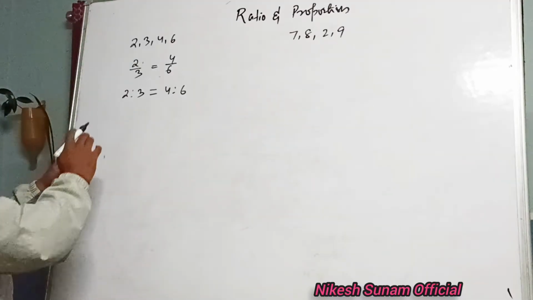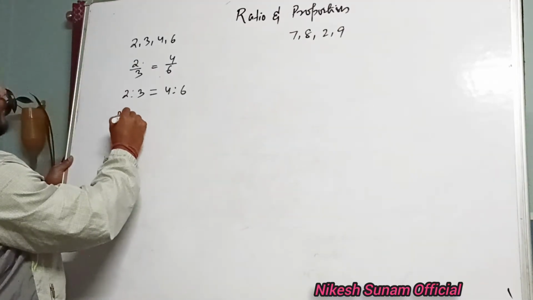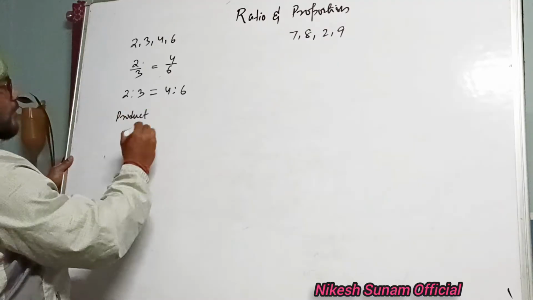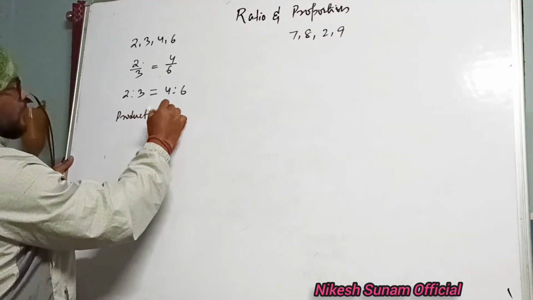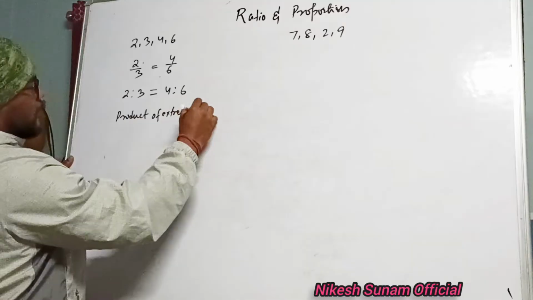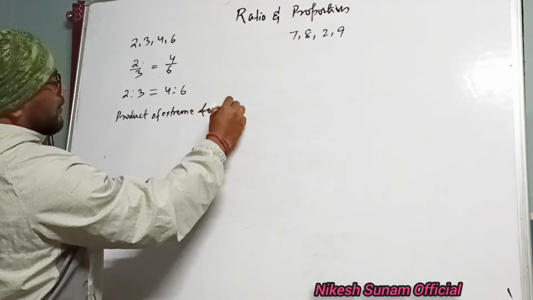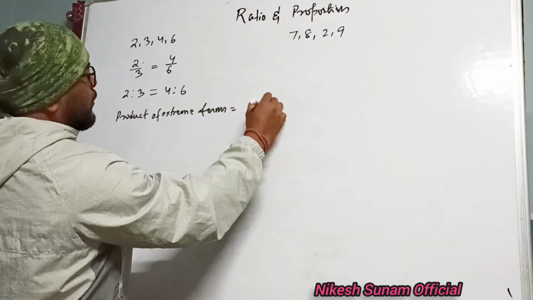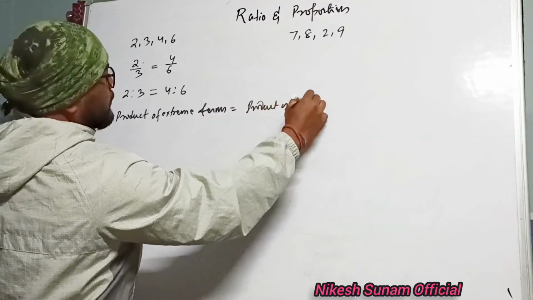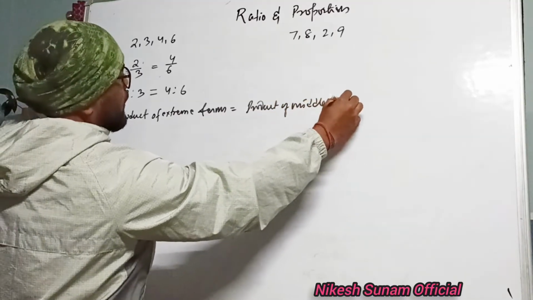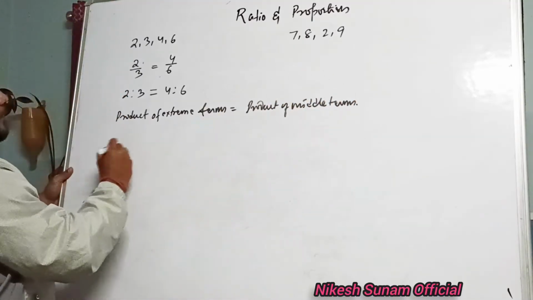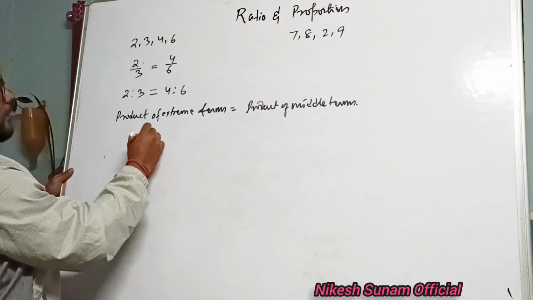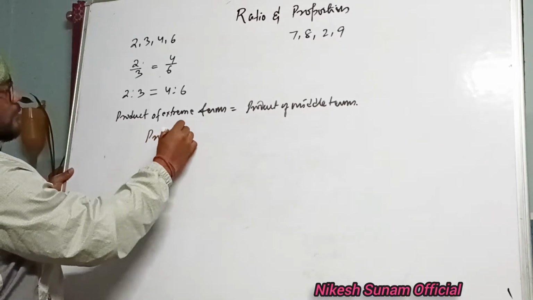Suppose the product of the extreme terms is equal to the product of the middle terms, then these 4 numbers will be in proportion.